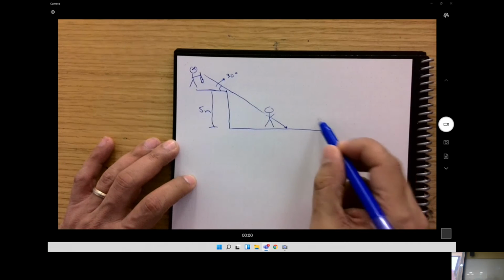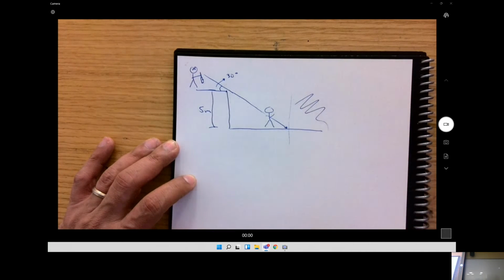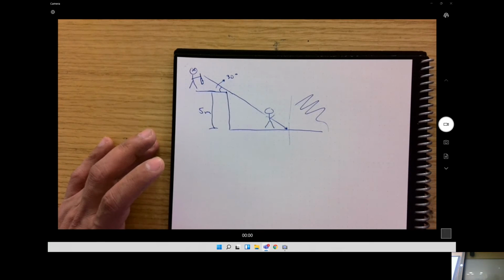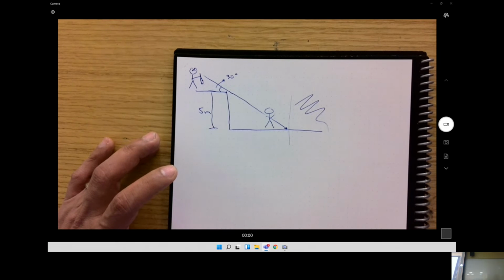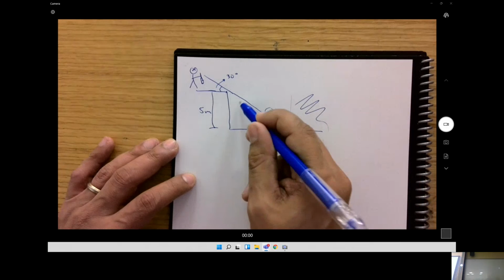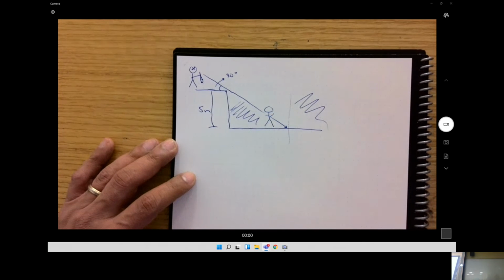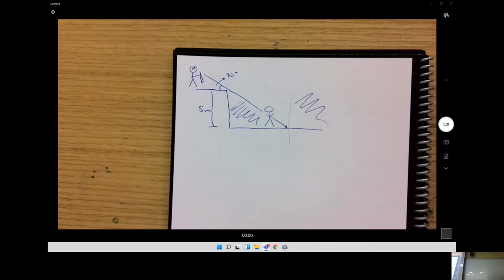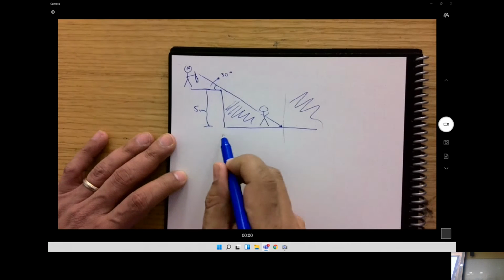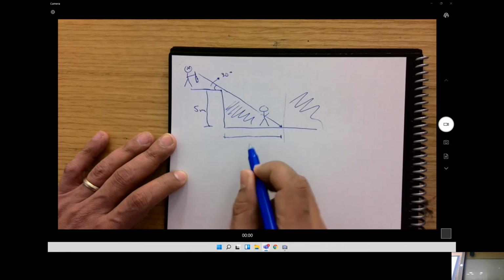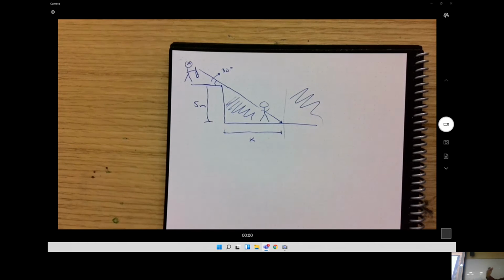If Aubrey is on this area, she's exposed, and Jason's going to see her, and you're going to die. So Aubrey needs to be on this area over here, under the shadow of that eyesight. Ignoring Aubrey's height, because then it becomes such a long problem, I want to know what will be this distance x. How far can she walk away from the edge of the pool before she's being discovered?